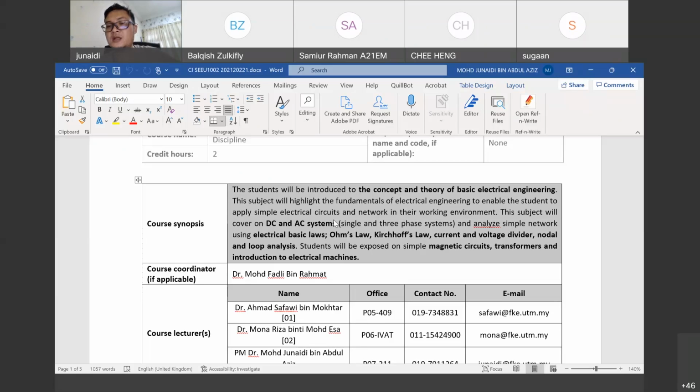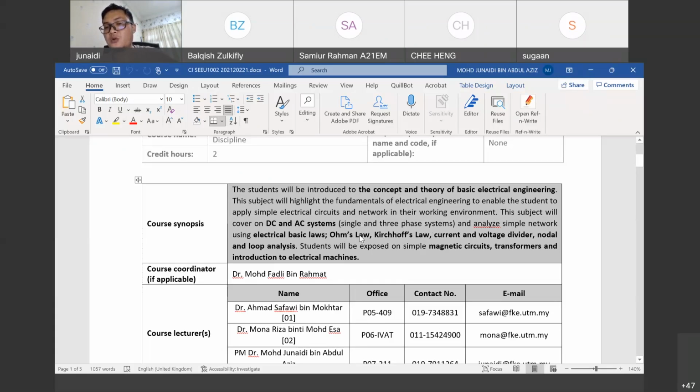This course will cover both DC and AC. For the AC systems, we'll cover single and three-phase systems, and then you should also know how to analyze simple electrical networks using electrical basic laws.